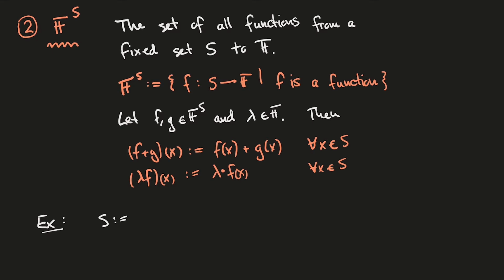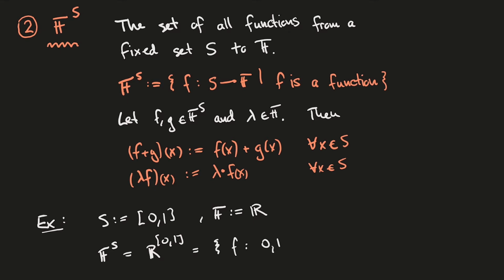We set S to be the interval [0, 1], and we set F to be the real line. So in this case, F^S is equal to R^[0,1], and this is just the set of all functions going from the closed interval [0, 1] to the real line.